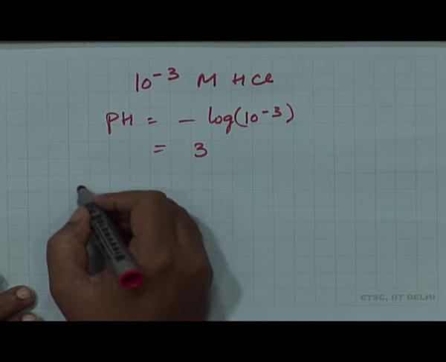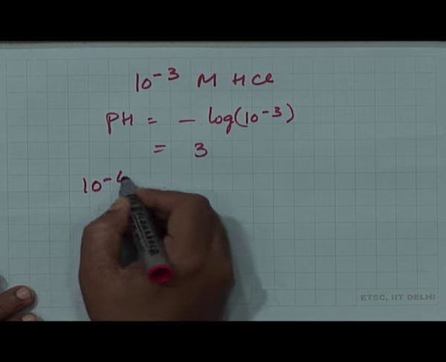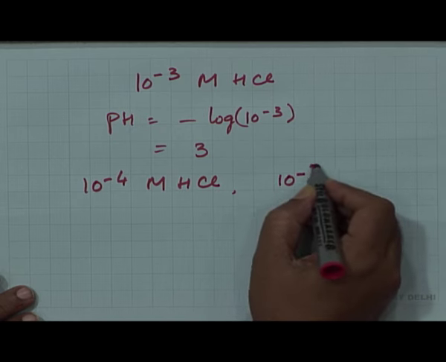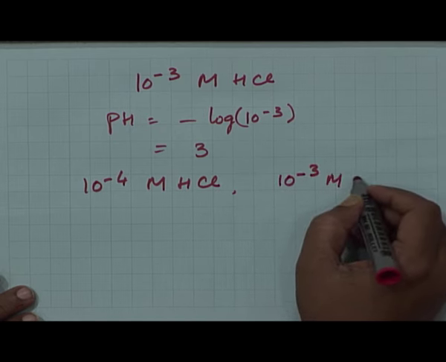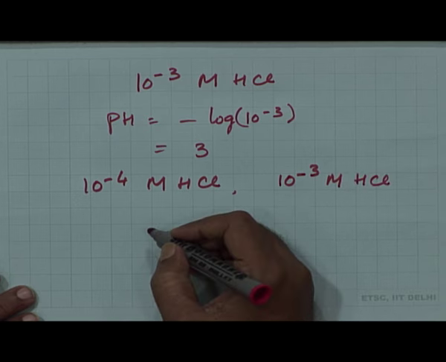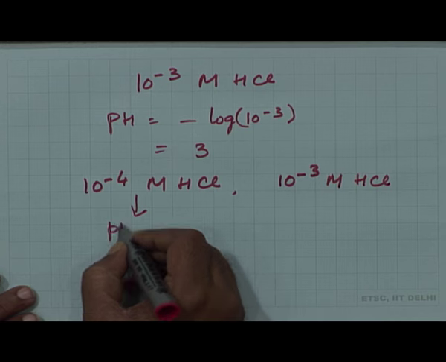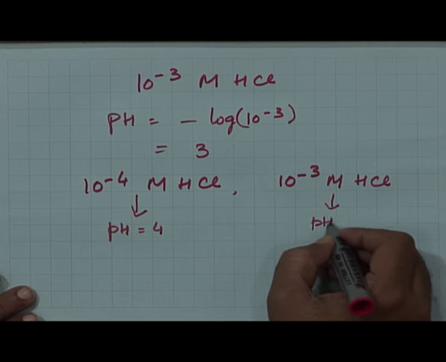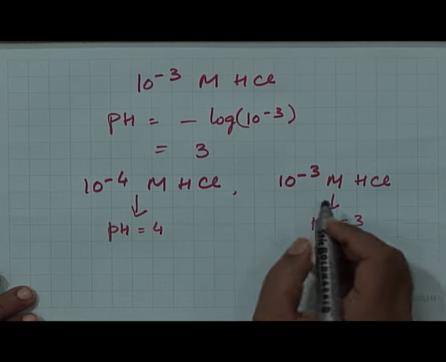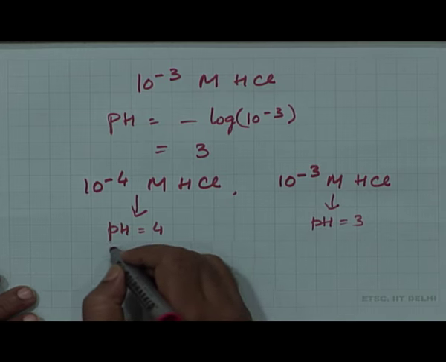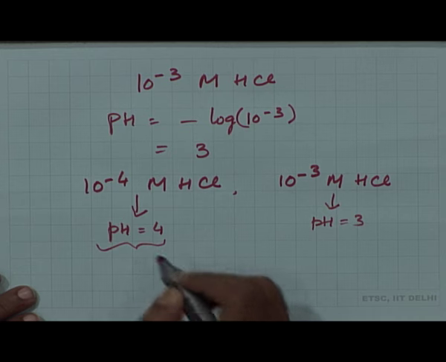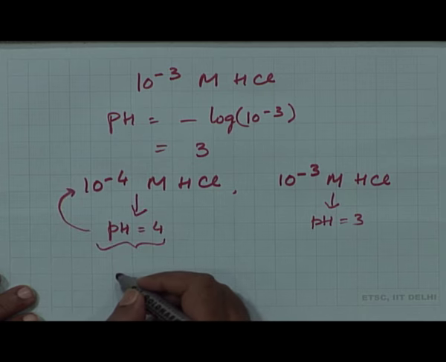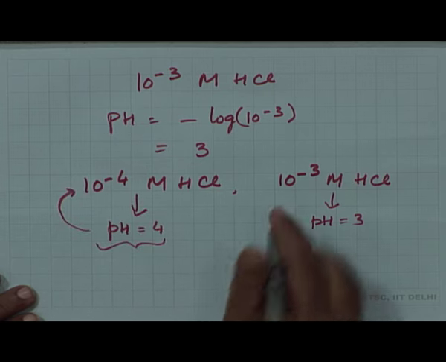So, now you can see that if I take 10 to the power minus 4 molar HCl and 10 to the power minus 3 molar HCl, pH will be 4 and pH will be 3. Now, let us think, if pH is high, what does that mean? If pH is high, then the concentration of H plus ion will be low.